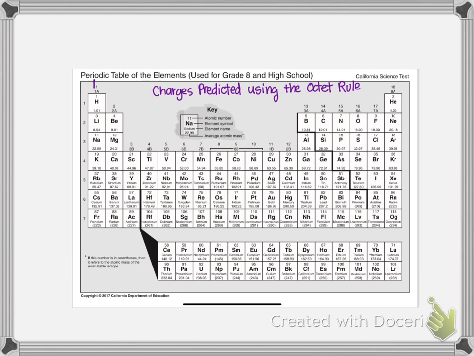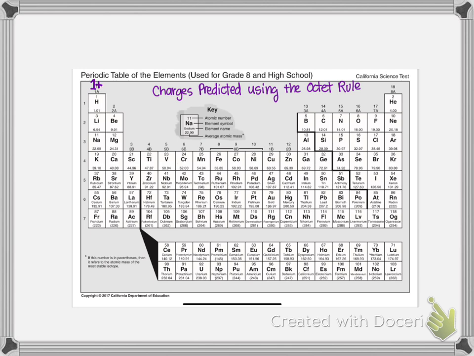So group 1A, I'm just going to write a 1 plus on the top of it. I'll put a 1 like this so we know. So that's what I predict. So I'm not going to memorize the charge of potassium. If I need to know the charge of potassium, I'm going to come to my periodic table, find potassium in group 1A, and know that that has a 1 plus charge.